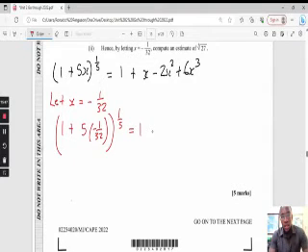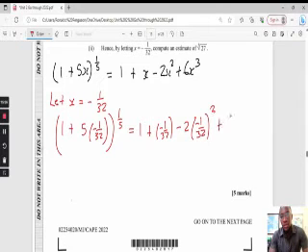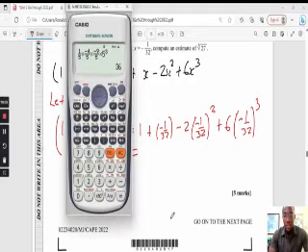That's equal to 1 plus negative 1 over 32 minus 2 times negative 1 over 32 squared plus 6 times negative 1 over 32 cubed. Now you're just going to put that into your calculator. It's just a matter of calculator now. 1 minus 1 over 32 minus 2 times, in brackets, negative 1 over 32, then you square it.